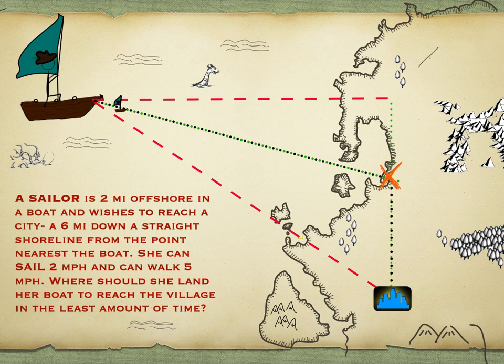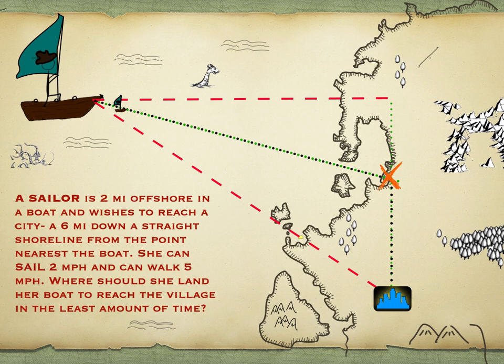She's actually going to land somewhere between, if she were to go straight to land, and where that city is. So what that means is we want to come up with a point on land where that x is. It could be a little bit above that or a little bit below, such that when she lands there, it's going to be the least amount of time between sailing and walking to that village.